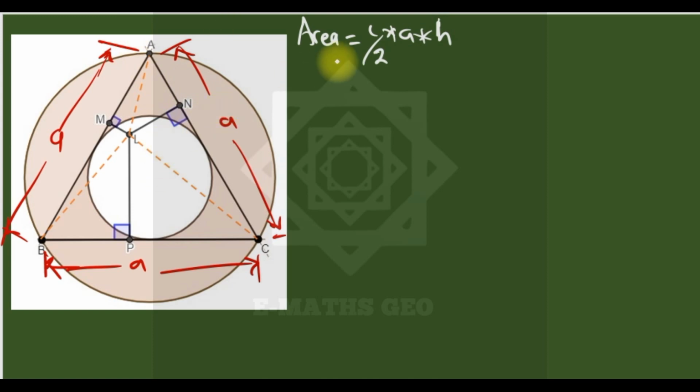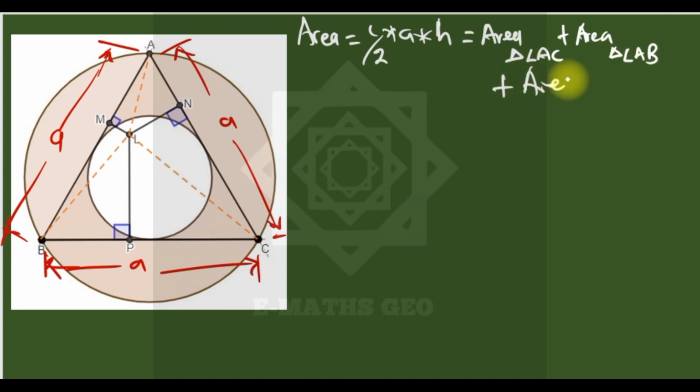You can see that the area of this triangle is also equal to the sum of the areas of triangle LAC plus triangle LAB and finally triangle LBC.